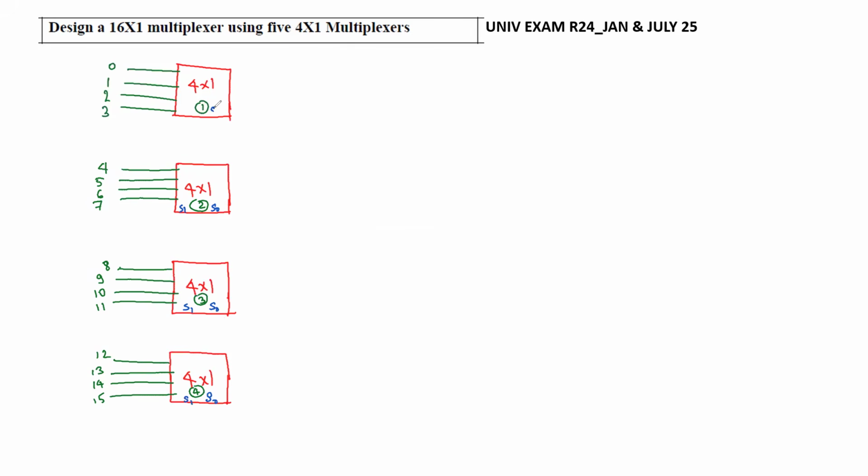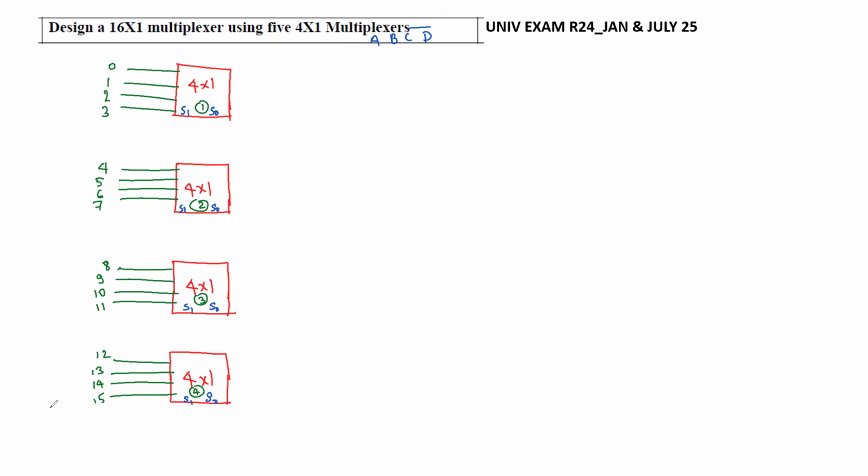Now it is important which selection line will be connected here. In case of 4 cross 1 multiplexers, suppose we are writing the inputs as A, B, C, D. The LSB side will be connected here for the first stage. So that is important here.